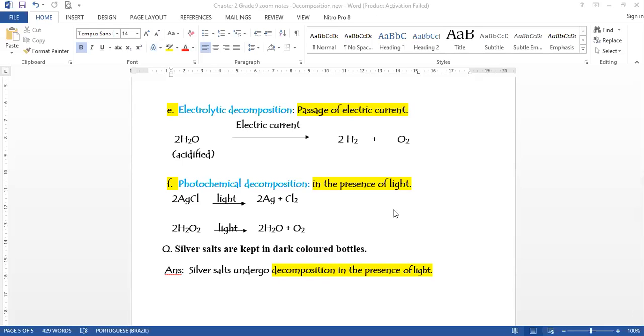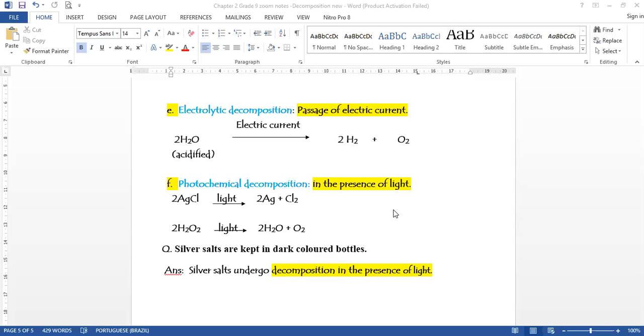Silver chloride undergoes photochemical decomposition to give you silver and chlorine. Similarly, hydrogen peroxide, which I just mentioned a few minutes back, undergoes photochemical decomposition to give you water and oxygen. These are the two examples. They will basically ask you the difference between these two reactions. When you're writing this, you have to mention the factor which is affecting the reaction. That's the important thing.